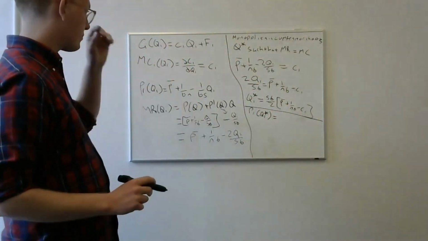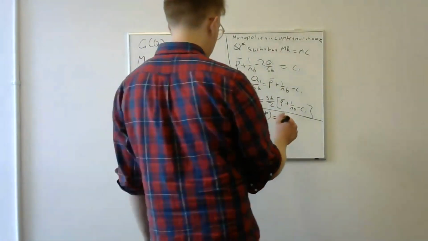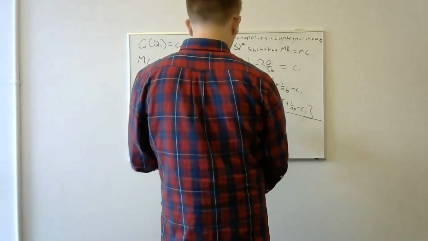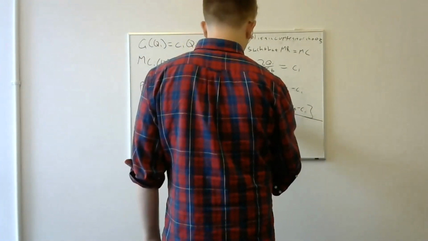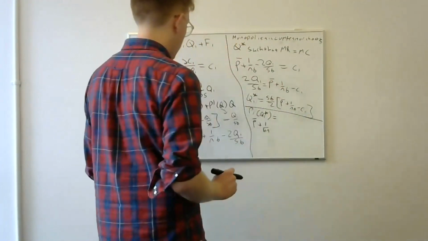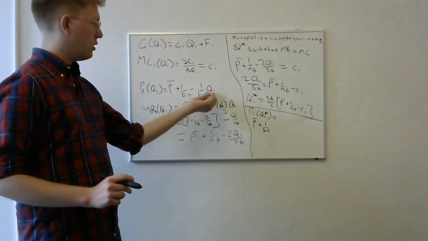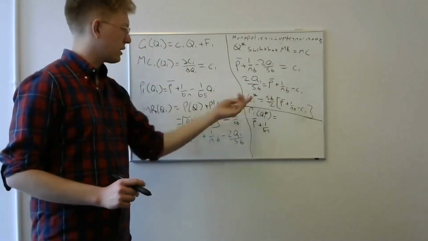What I'll get is that this is equal to P bar plus Bn, and then I'm plugging in Q_i here. Notice that these Bs are going to cancel.